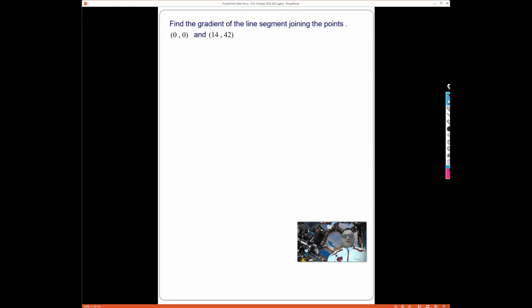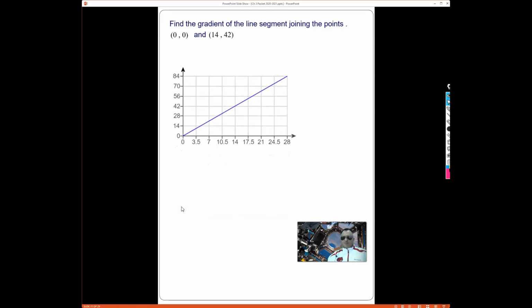All right, find the gradient of a line joining 0, 0 and 14, 42, and here's your drawing. Now, if you're just counting on this, you've got to be careful, because the squares have different scales.